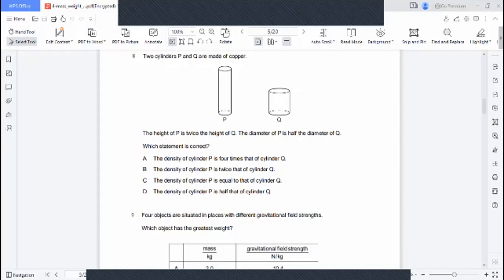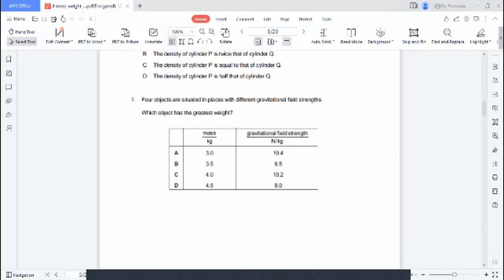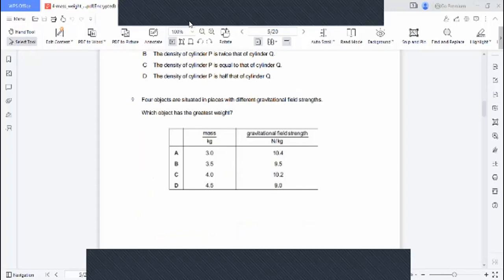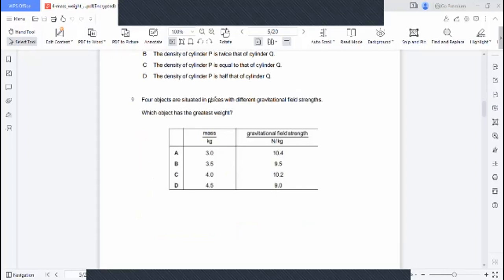Number 9. In number 9, it states 4 objects are situated in places with different gravitational field strengths. It means their value of g would be different. Suppose on Earth, Moon, Mars, Jupiter, like on different planets, maybe.